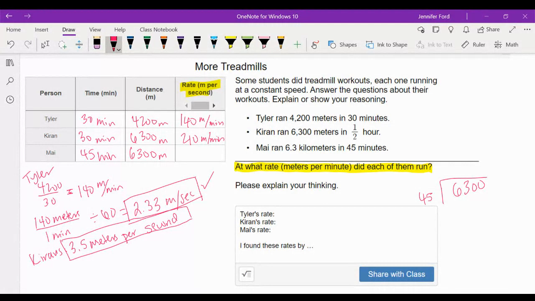Again, I'm using my calculator. Is 140 meters per minute. So if you got 2.33 meters per second, that also is correct. And you find these rates by dividing meters divided by minutes. Make sure everything's in meters, make sure everything's in minutes. There you go. All right.